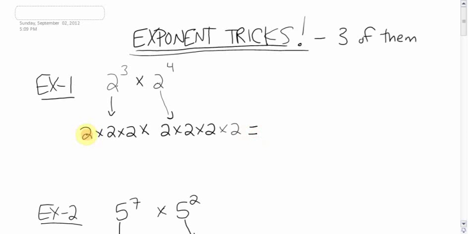Well, how many 2's are there? 1, 2, 3, 4, 5, 6, 7. There are 7 2's. So the answer to this in exponent form would be 2 to the power 7. And that's it. You leave the answer like that. In these questions, I will normally tell you to leave the answer in exponent form, and that's totally fine. Okay, let's take a look at the next example.